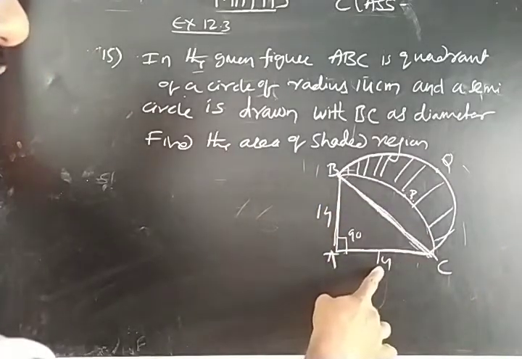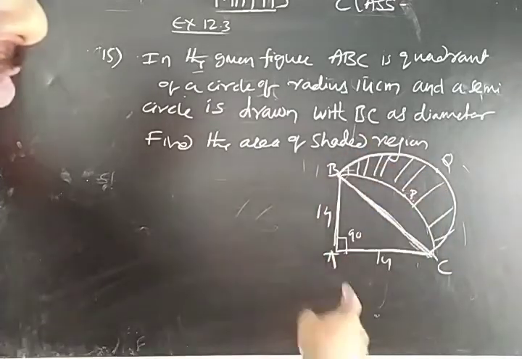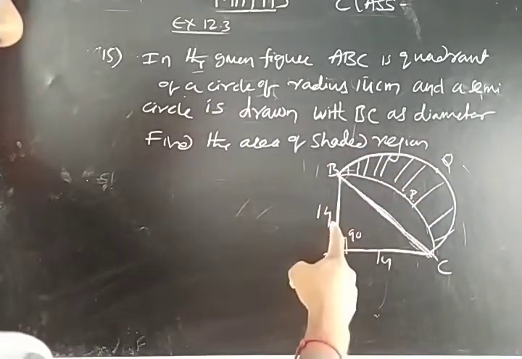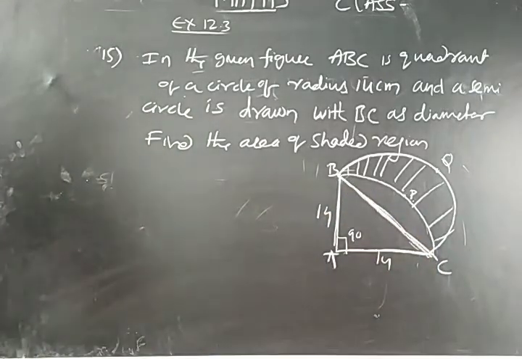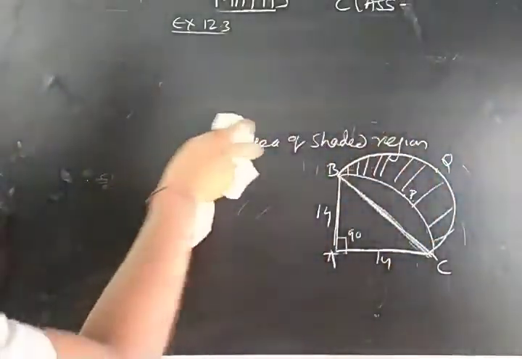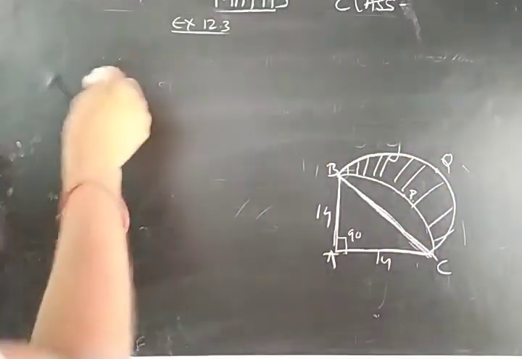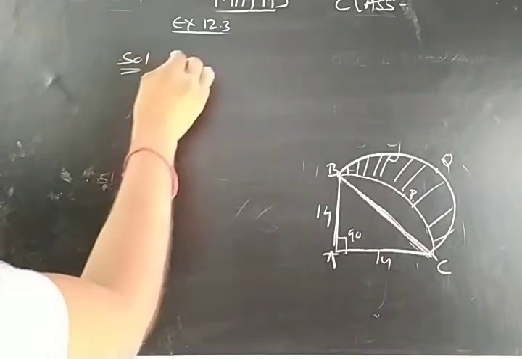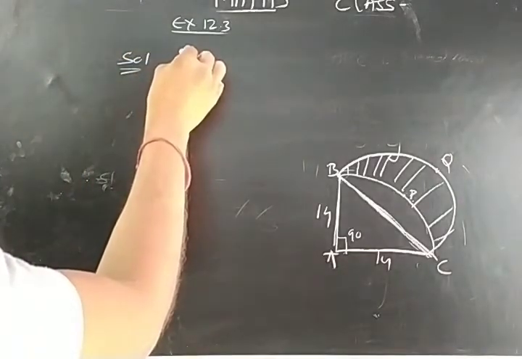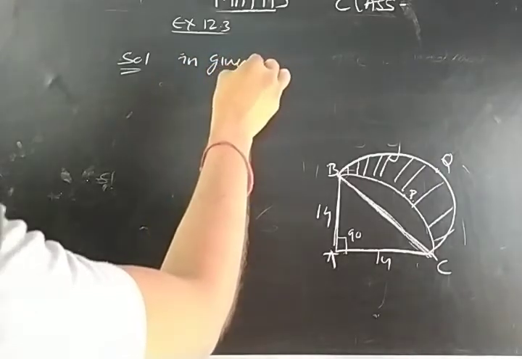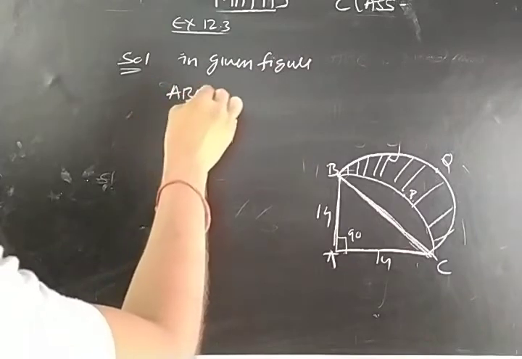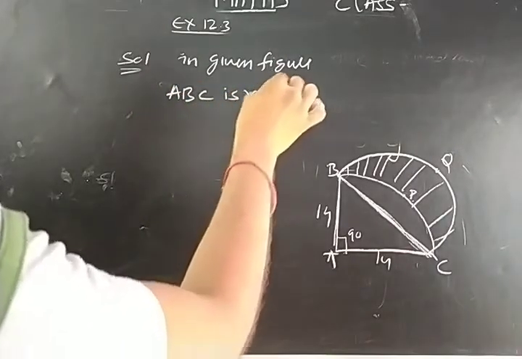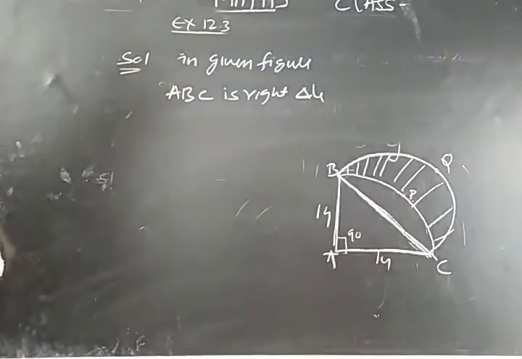We have 14, this one 14. Both are radius of the quadrant, no? So I am using the Pythagoras theorem. First I am going to find BC. Solution. In the given figure, triangle ABC is a right triangle, right?